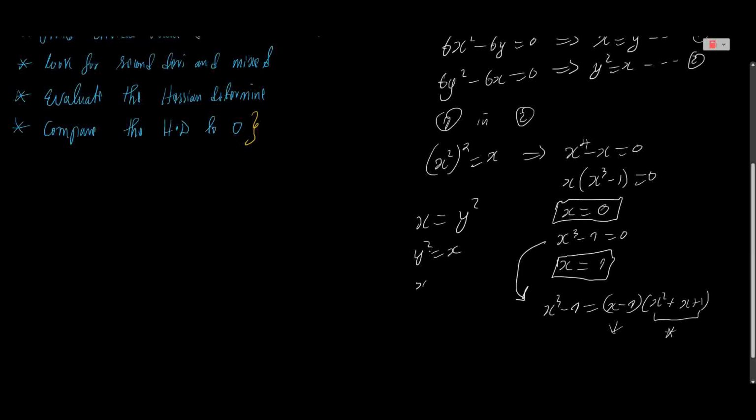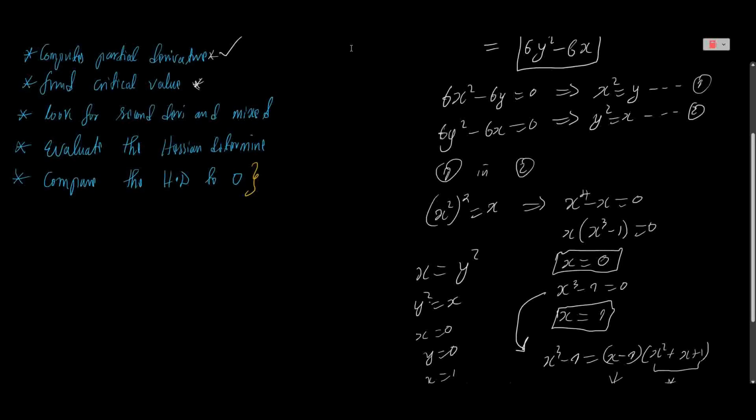So if we know that x is 0, y will simply be 0 by substituting it here, right? And same thing with 1. If x is 1, y will simply be 1, because 1 squared is 1. So therefore the critical points will be 0, 0 and 1, 1. Very important.